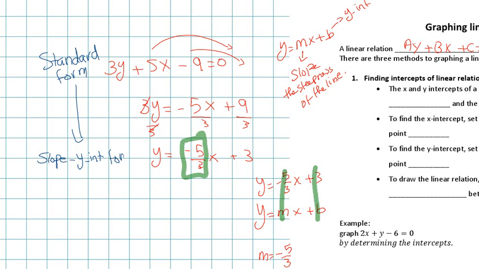All I did is rearrange my formula, move things around so I can isolate for y, so I can find what my equation is.